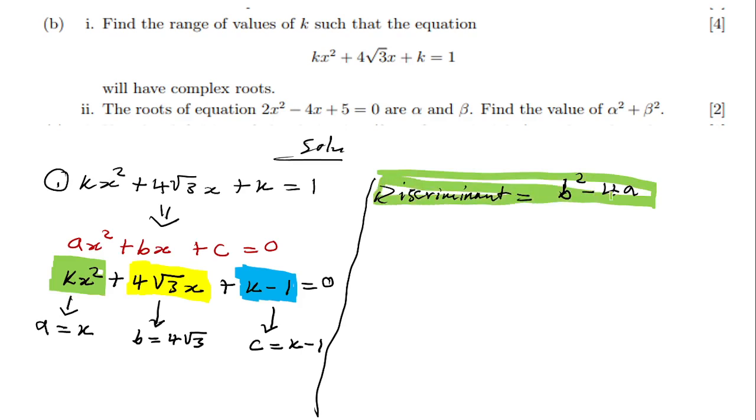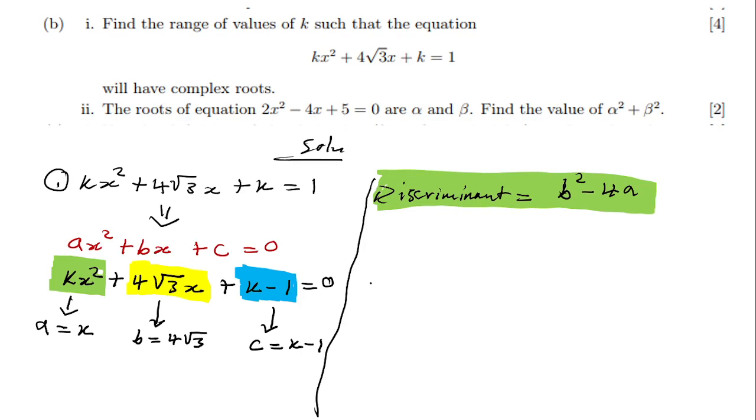For discriminant. So every step is important, because in mathematics they don't just mark the last answer, they also mark the method. So the formula there will now help you to replace what you have.